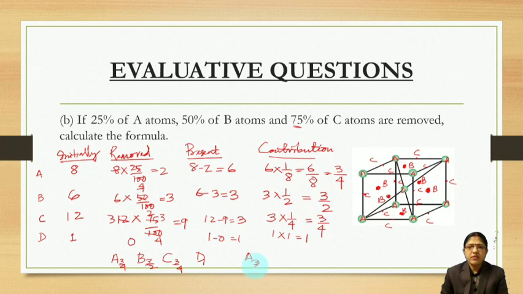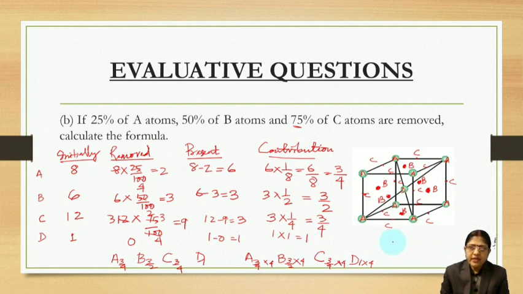So 3 by 4 into 4, B 3 by 2 into 4, C 3 by 4 into 4, D 1 into 4.